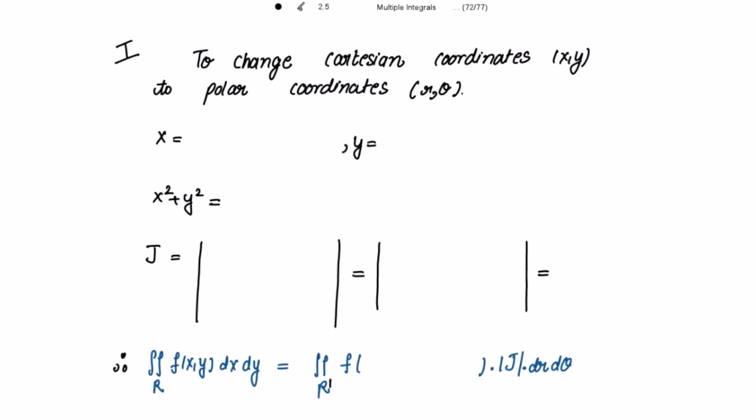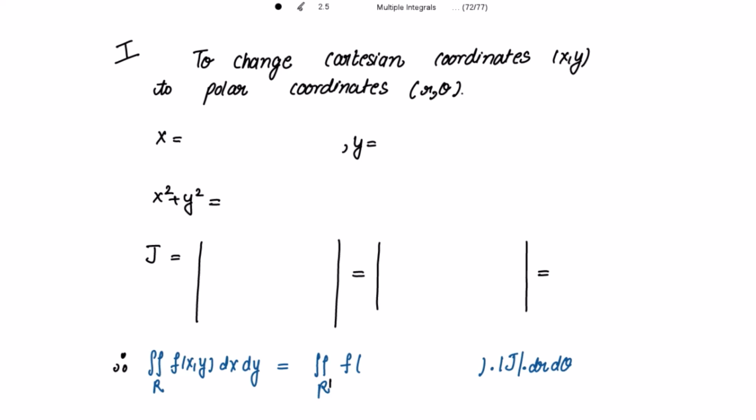So there are three kinds of transformations. First one is to change the Cartesian coordinates into polar coordinates, then changing the Cartesian coordinates into spherical coordinates, and then into cylindrical coordinates.